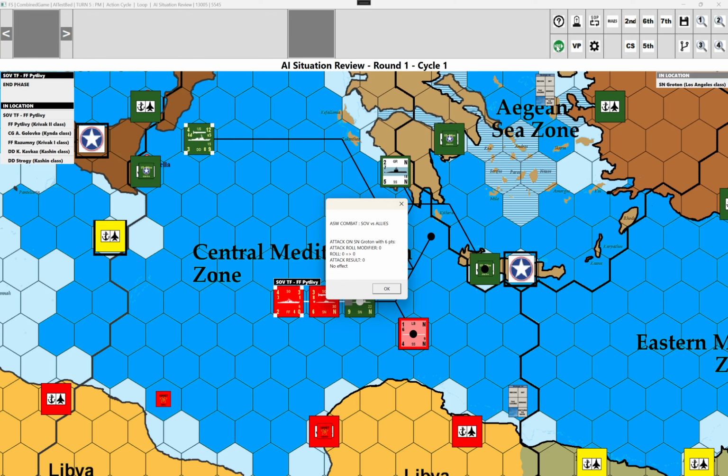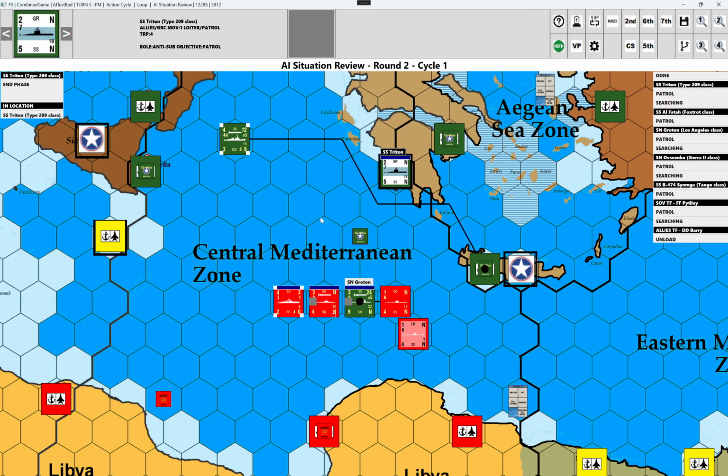ASW combat, Soviets versus Allies. Okay, and likely he'll get detected again now. The Russian sub fired, which means he'll likely be detected. Yep, he's detected. Okay, so they're both detected.